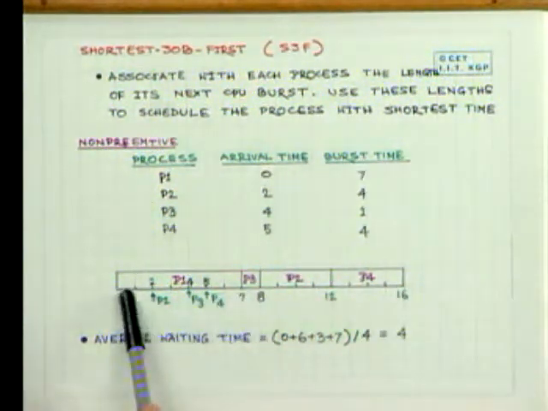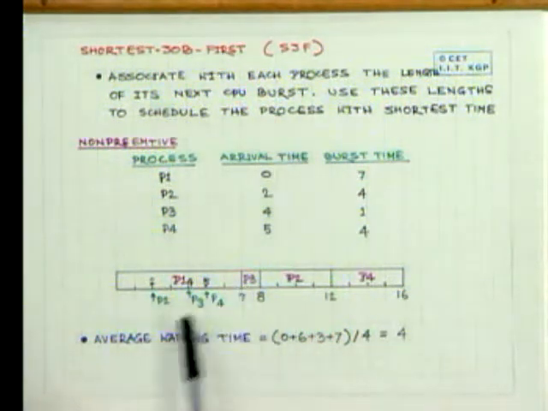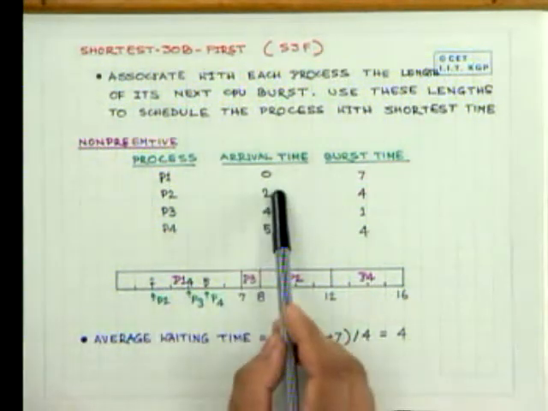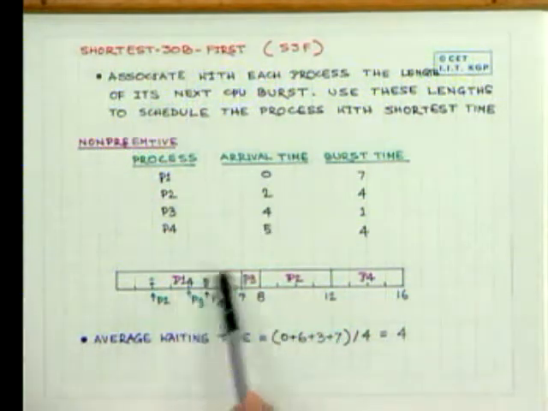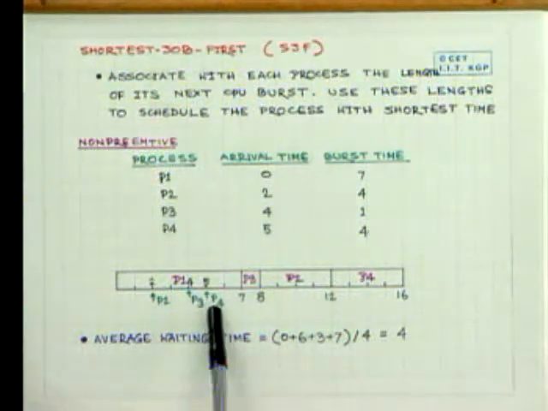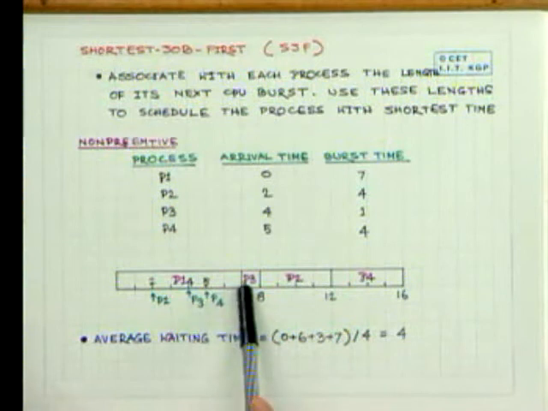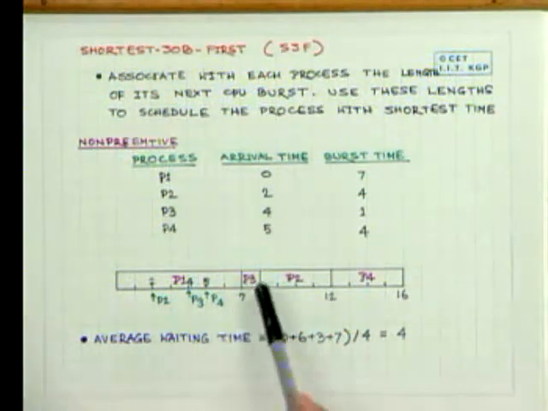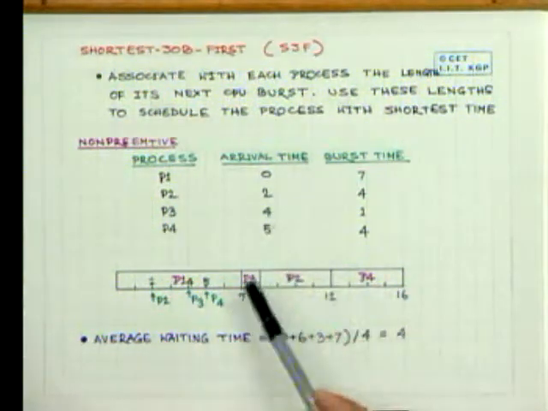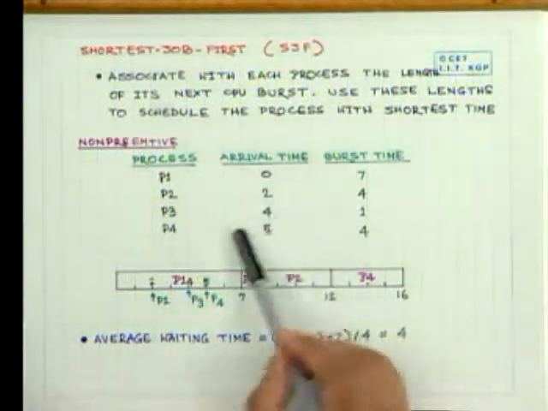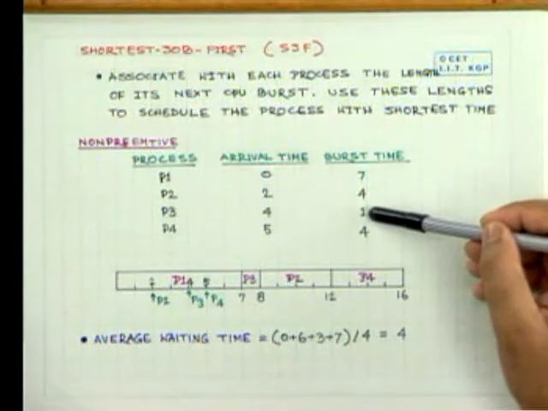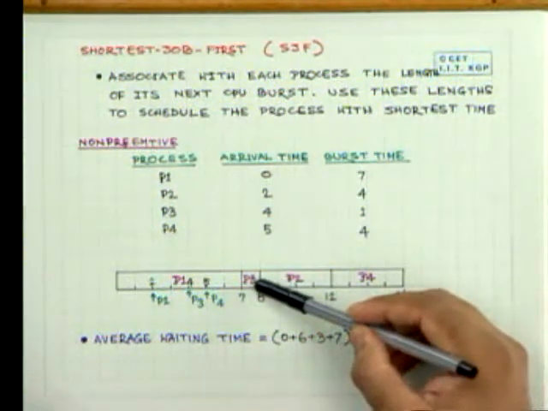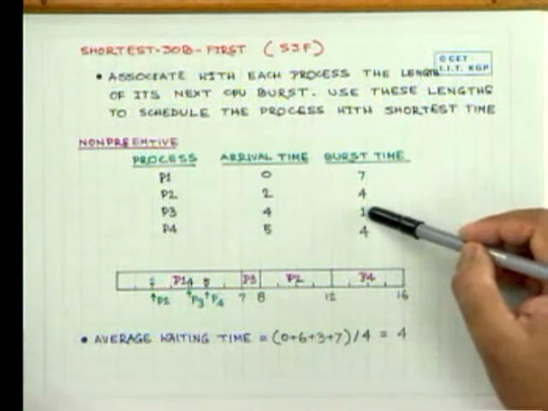Now, within these 7 milliseconds, P2 has arrived at the 2nd millisecond, P3 has arrived at the 4th millisecond, and P4 has arrived at the 5th millisecond. Out of these, which are now in the ready queue, P3 has the shortest burst time, so it will be allocated the processor. P3's burst time is 1.